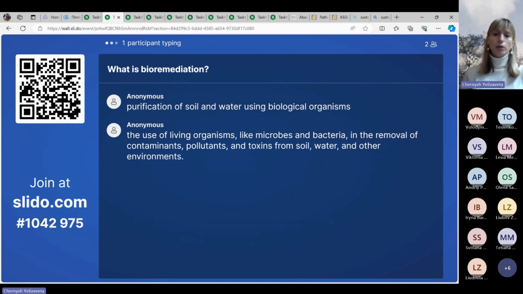Purification of soil and water using biological organisms. It should be mentioned that bioremediation can be used not only for soil and water, but for air also. There is the possibility of purification of different types of gases and steams using biofiltration and a biofilter with immobilized groups of microorganisms, bacteria.